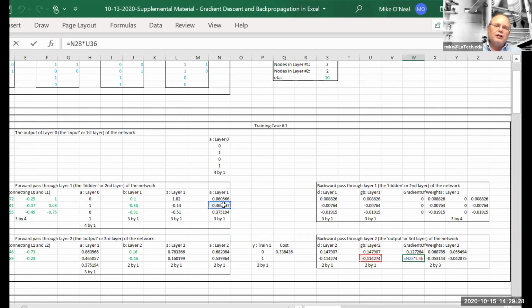It's simply the output times the error. So remember, this is updating one weight, right? And so it's associating the output associated with that node with the bias associated with the destination, right?